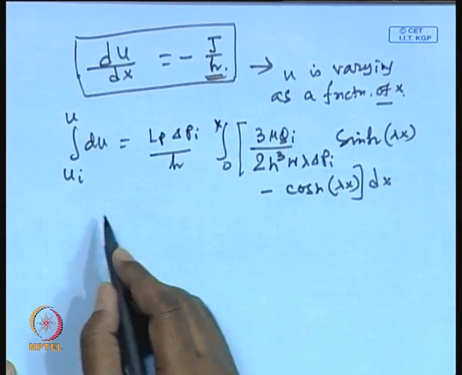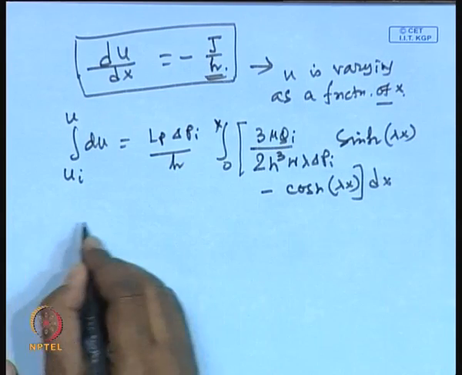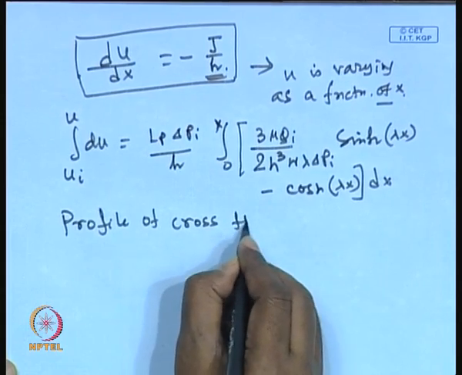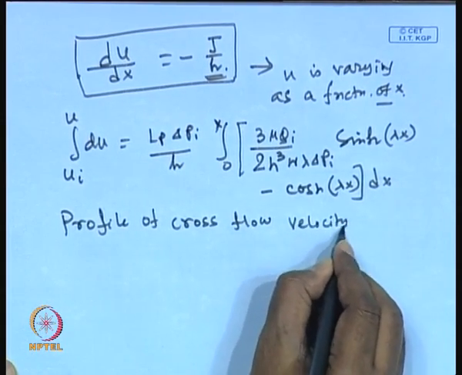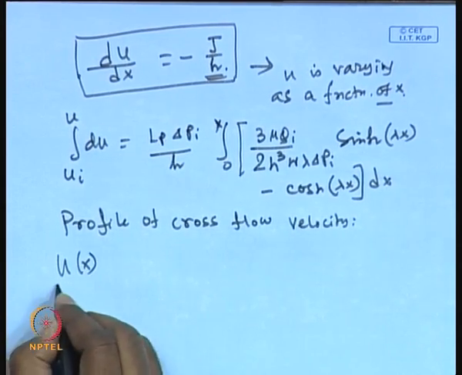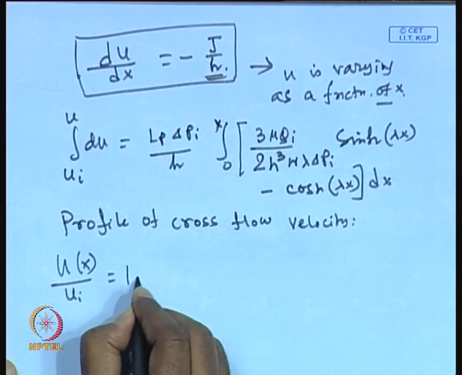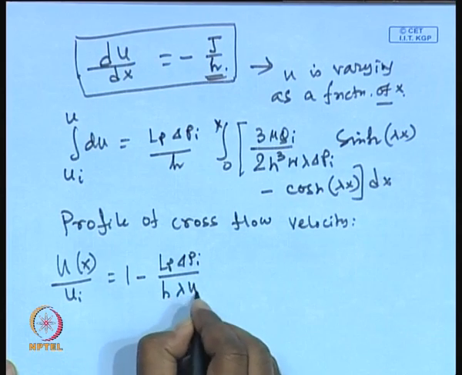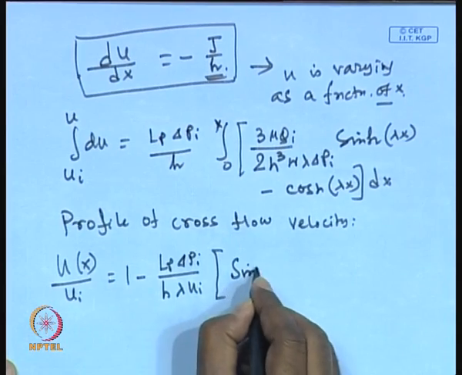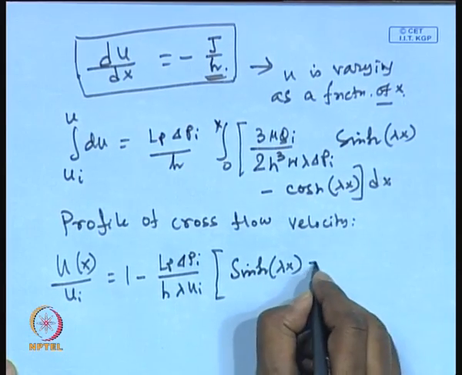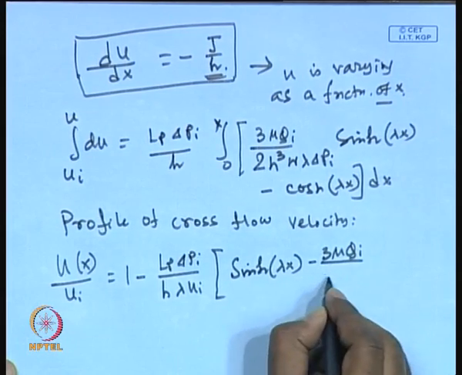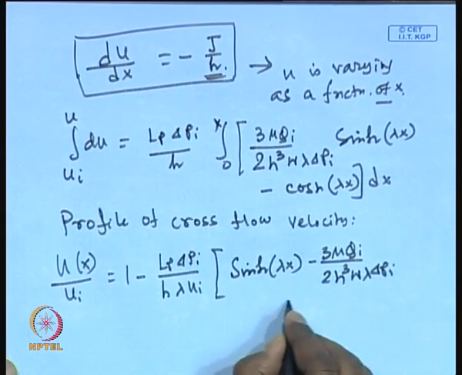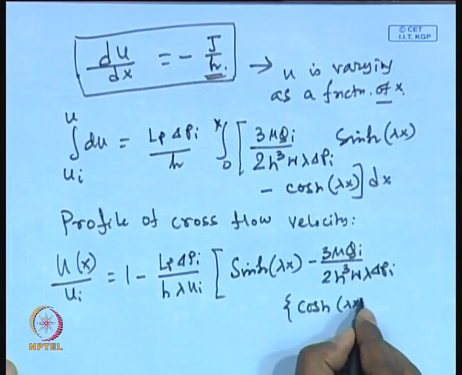If you carry out this integration and rearrange, you get the profile of cross flow velocity: u(x) divided by ui equals 1 minus Lp delta Pi divided by h lambda ui, sinh(lambda x) minus 3 mu Qi divided by 2 h cube w lambda delta Pi, cosh(lambda x) minus 1.